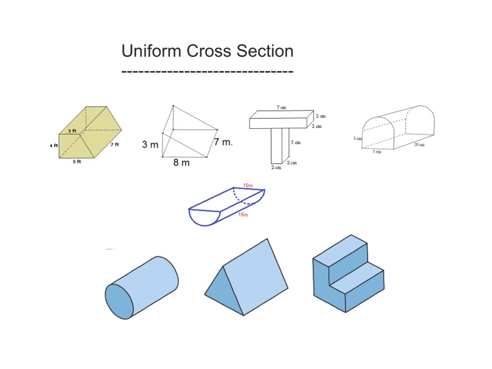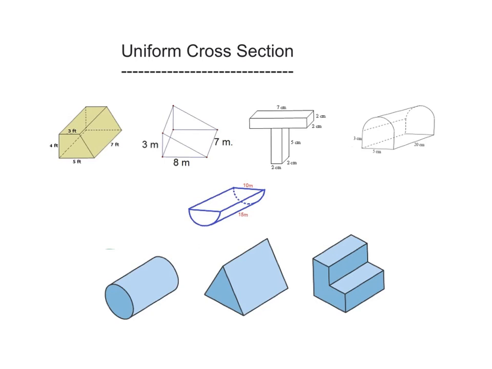Well, the cross section applies to this part here, so this would be your cross section, and then along the length of the object, all the lines would be parallel to each other, and in other words, there'd be no widening of the lines or no narrowing of the lines. It'd just be a uniform object. So you can see they all conform to this pattern. You have a cross section here, and then all these lines are parallel to each other. They're not widening or narrowing.